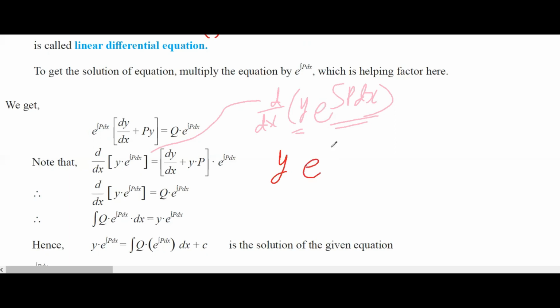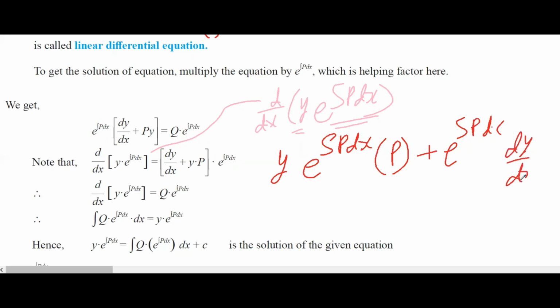The derivative of e to the power of integration of p dx is e to the power of integration of p dx into the derivative of the exponent, so that will be p only, plus you will write e to the power of integration of p dx and then dy by dx. That's what you will write.